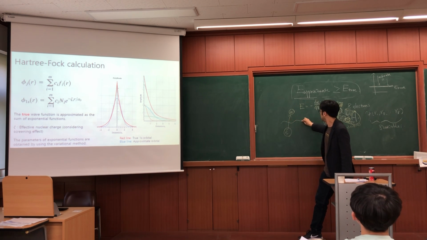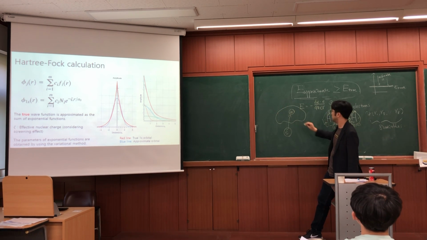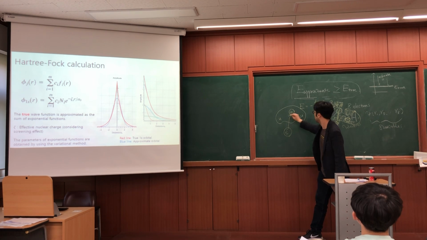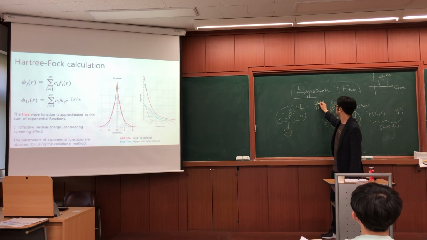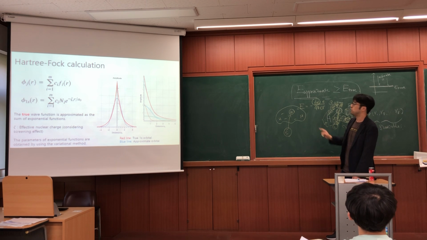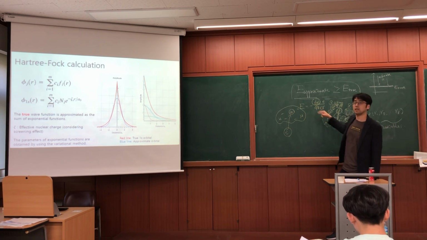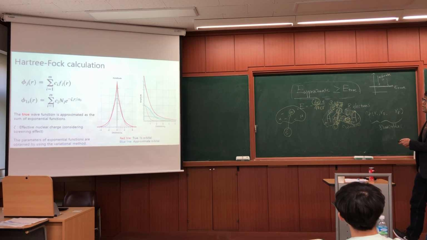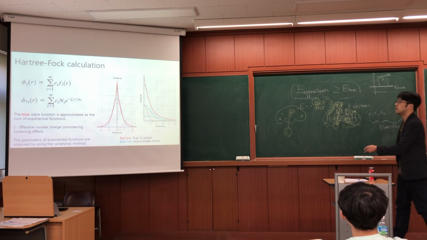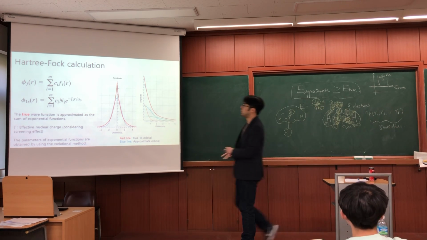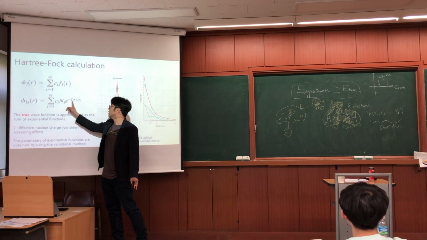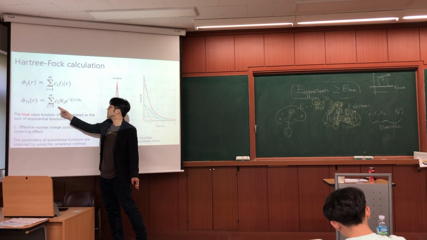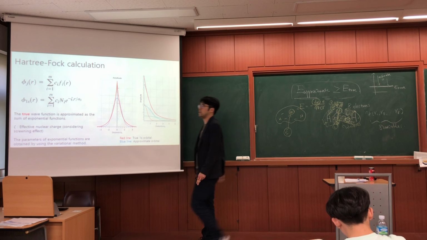But in reality, by using the Hartree-Fock approximation, because this is surrounded by a negative cloud, the nuclear charge will be lower than 6, right? So that is the effective nuclear charge. Here R is the distance between nucleus and electron, and a0 is the Bohr radius.